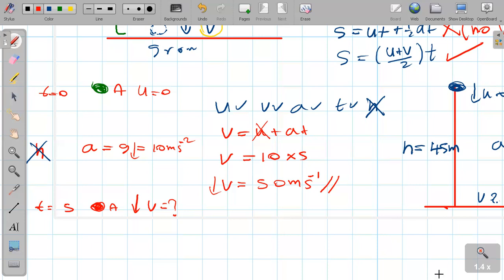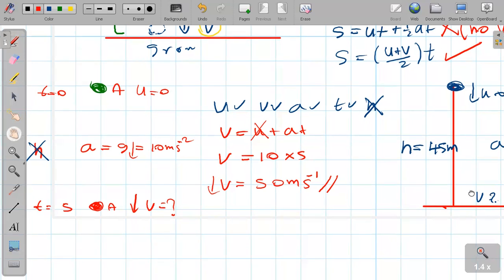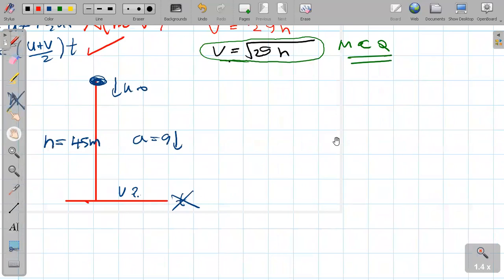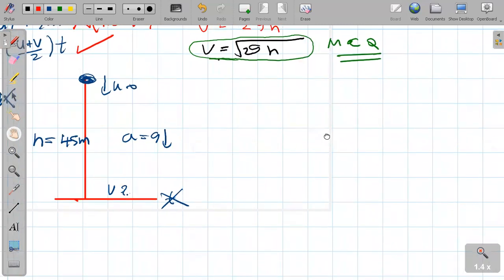I will tell you why. Because I mentioned this point even in my vector lesson. You may have to apply gravity as a negative vector. If you can remember my vector videos or go back and watch those, I mentioned this point. You may find something really controversial in terms of gravity.